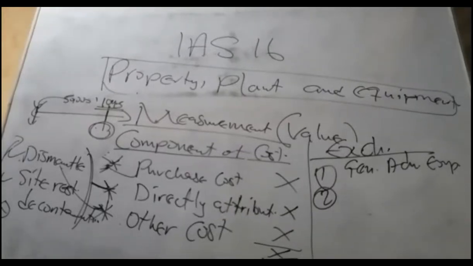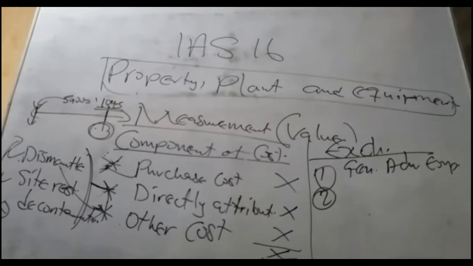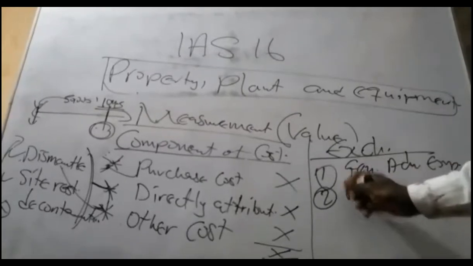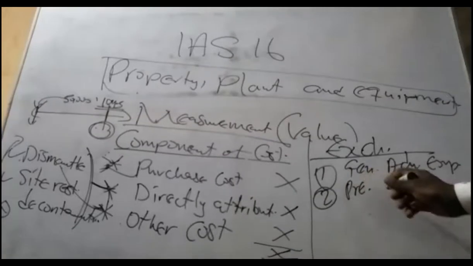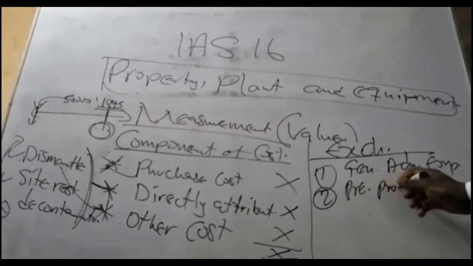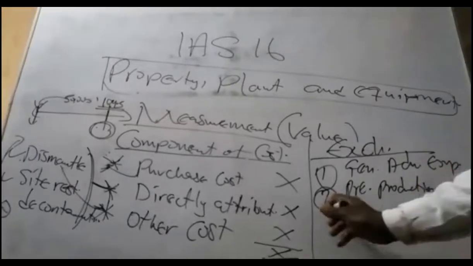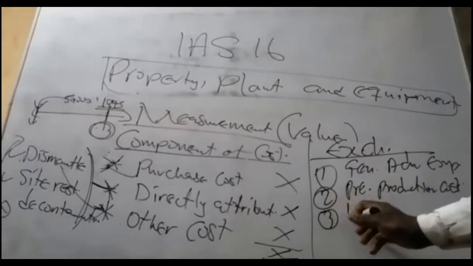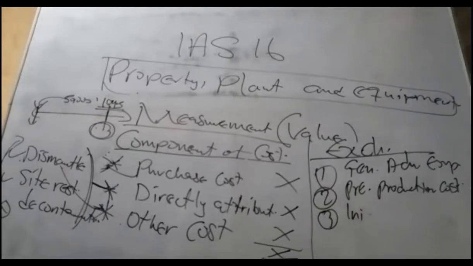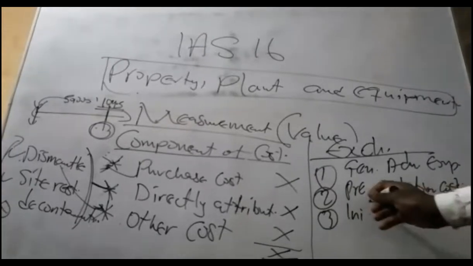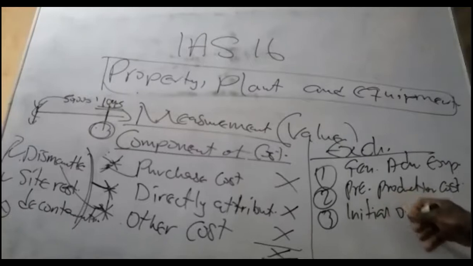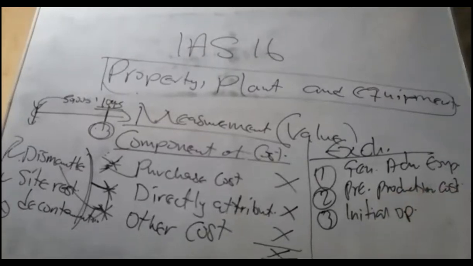Pre-production cost must be excluded. Then three, initial operating losses. All of these must be excluded.